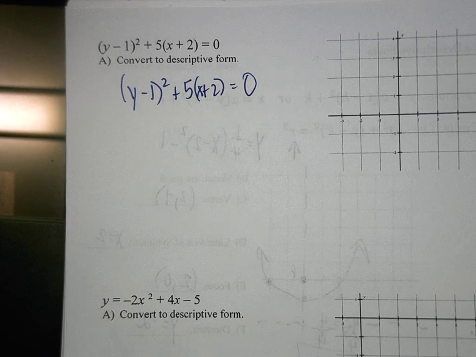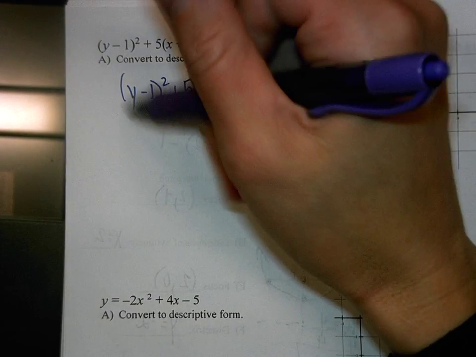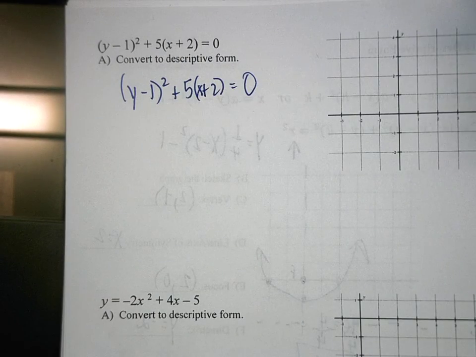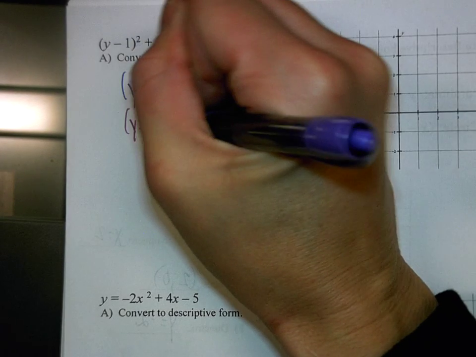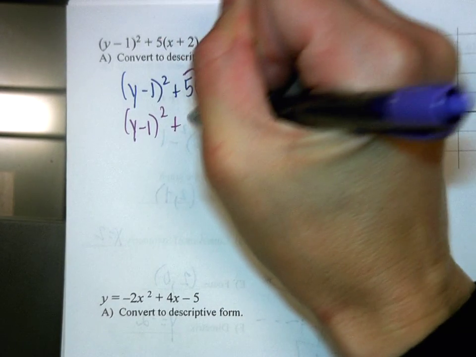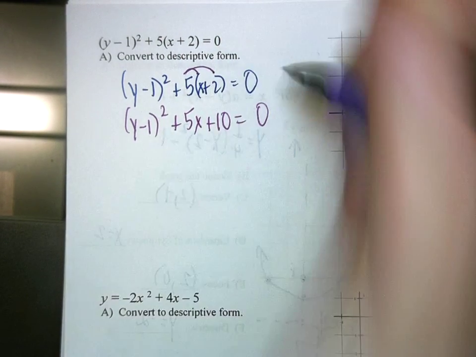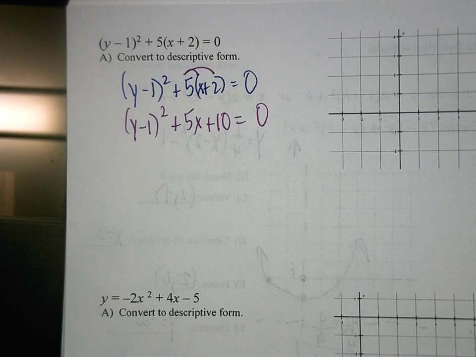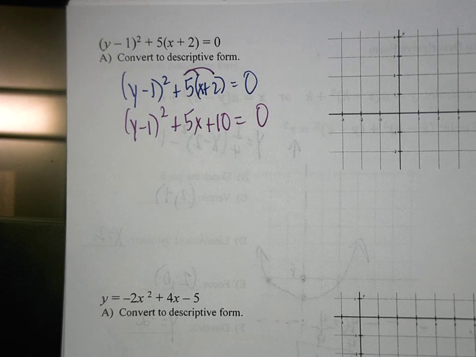So, someone said distribute. So, are we going to distribute the squared term? No. We can distribute this term. This works. We're doing this one a little different than I did the first one, which is totally fine. So, I have plus 5x plus 10 equals 0. Okay, what do you think I should do now? What are we going to try to get by itself? Actually, not the squared term. The one that's not squared.